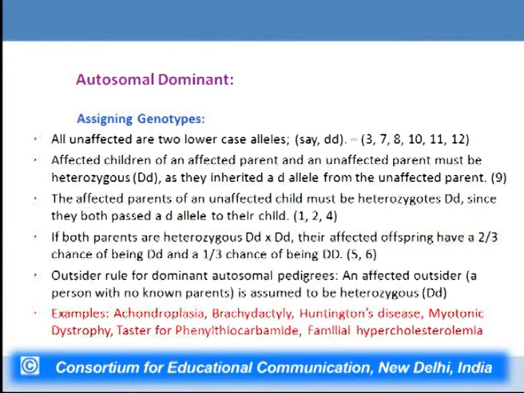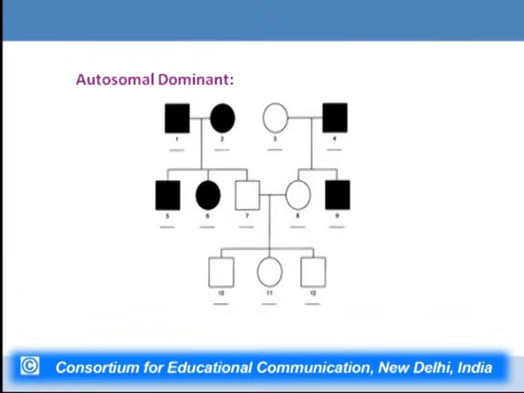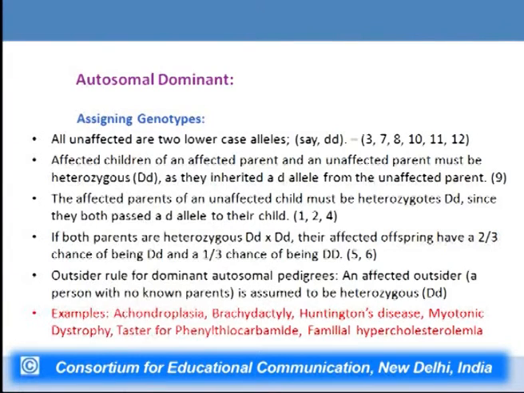So, we have to assign genotypes to these individuals. How do we assign that? All unaffected are two lowercase alleles, that is small d, they are recessive homozygous.